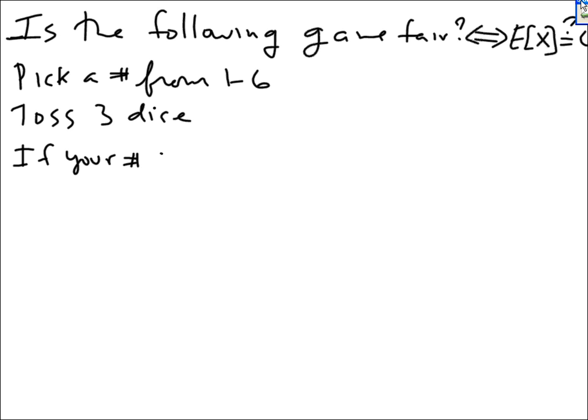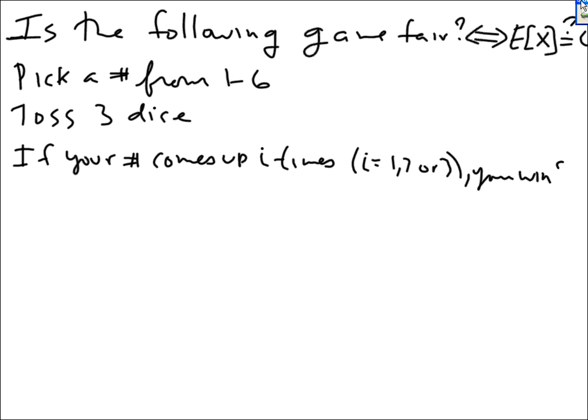If your number comes up i times, i being 1, 2, or 3, that is not 0 times, you win $i. If your number comes up 2 times, you win $2. If it comes up 3 times, $3. 1 time, $1.